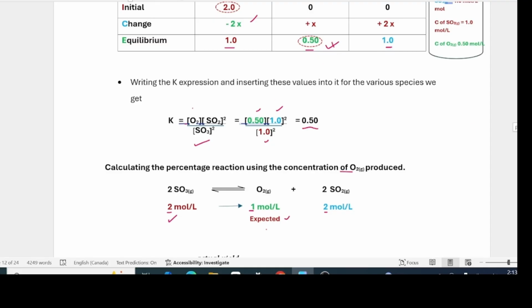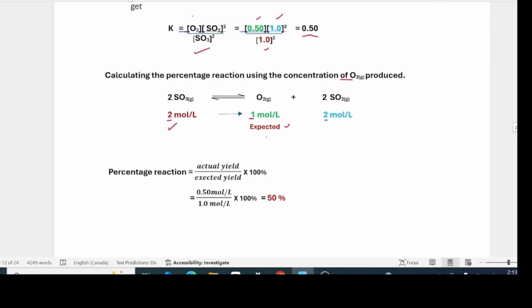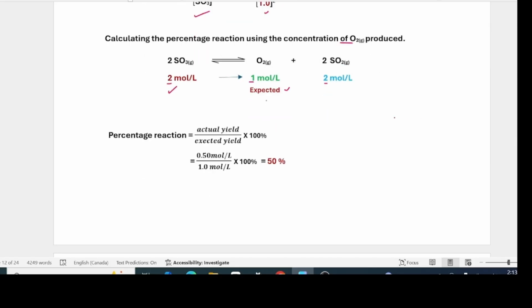This is how we calculate percentage reaction. It is equal to the actual yield divided by the expected yield. In this case, 0.50 mole per liter is the actual yield, but 1 mole per liter was expected. We multiply that by 100% and we get 50%. So the percentage reaction is 50%.